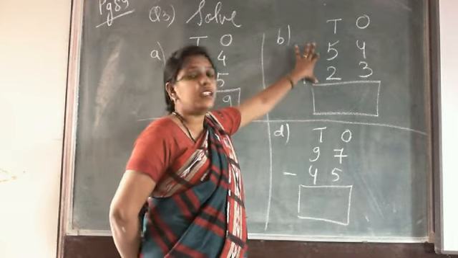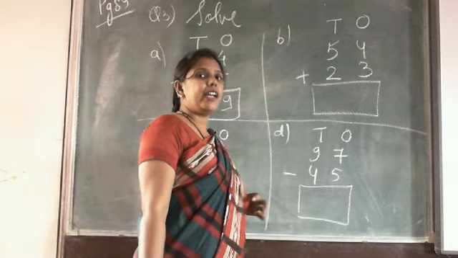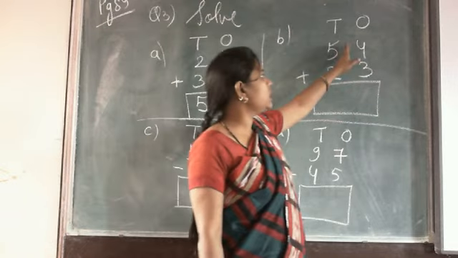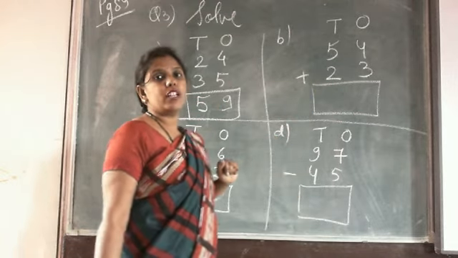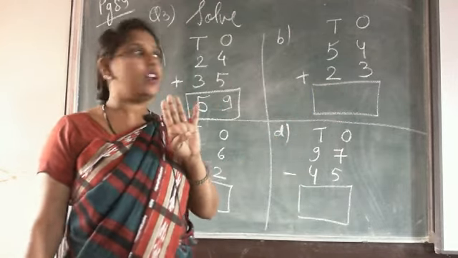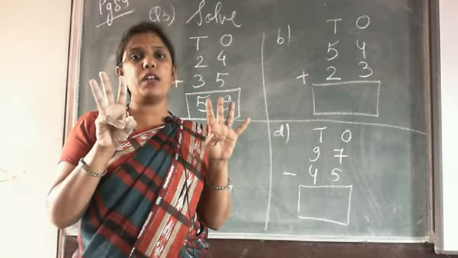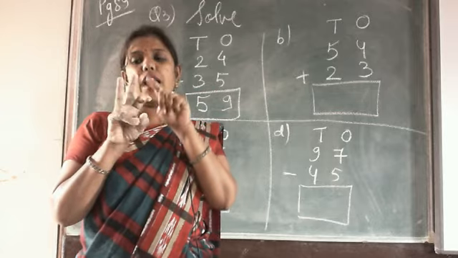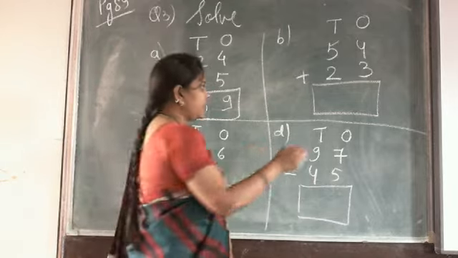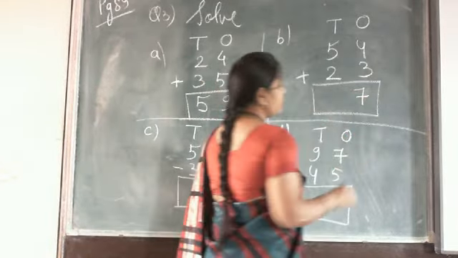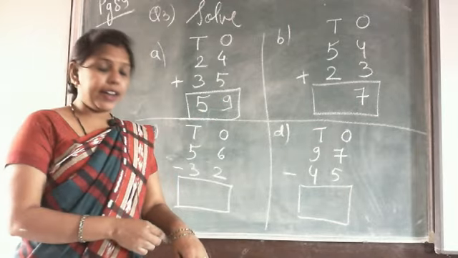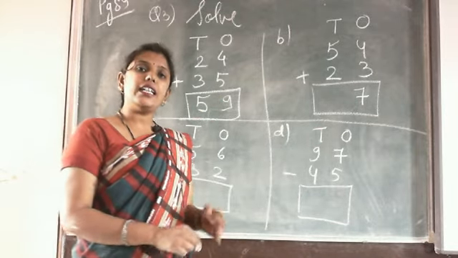Again we have to add the two numbers. First add the numbers given at ones place. So ones place digit is 4 and 3. So 4 plus 3 is 4, 5, 6, 7. So write here 7.